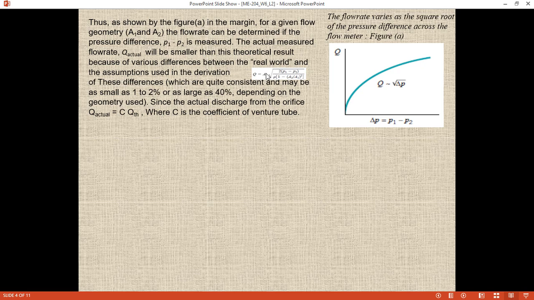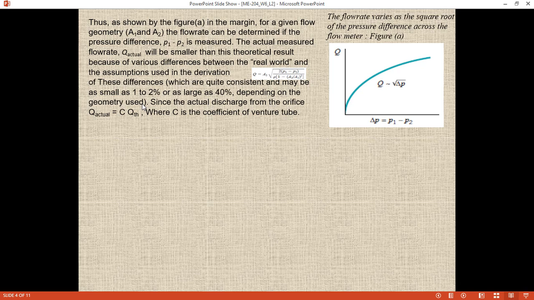This equation gives us the theoretical flow rate. These differences are quite consistent and may be as small as 1 to 2% or as large as 40%, depending on the geometry used.